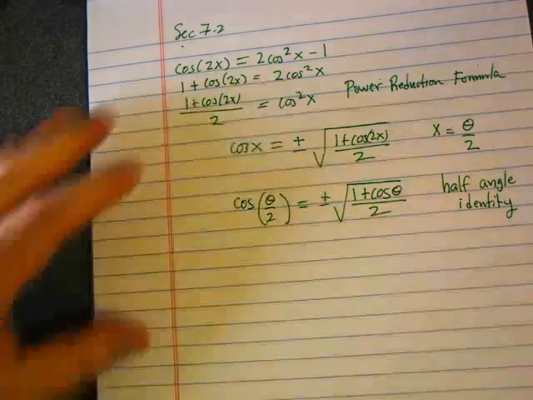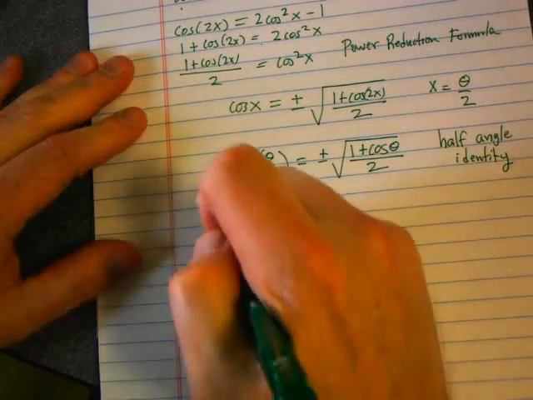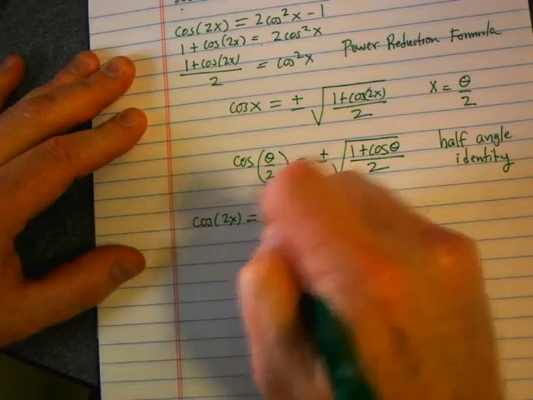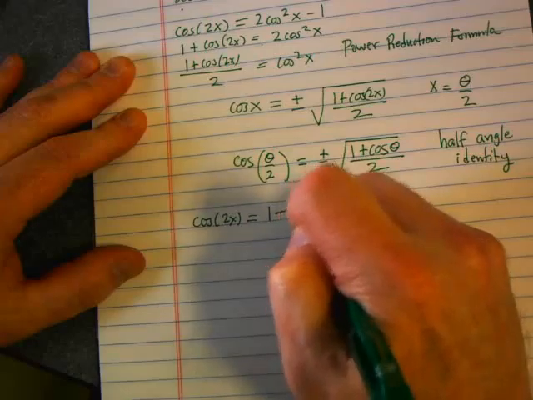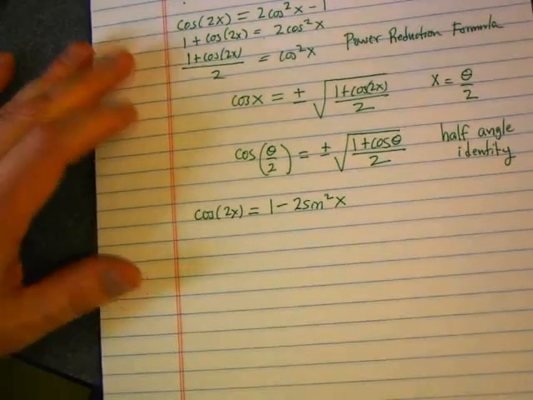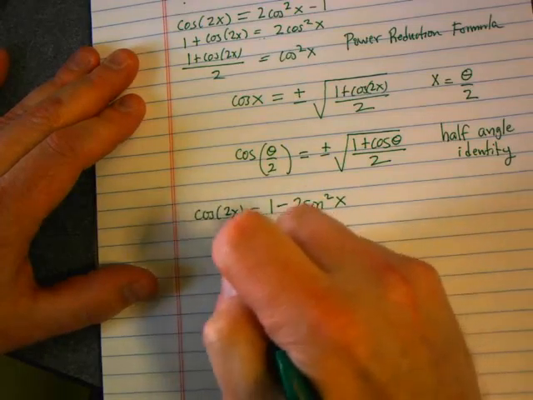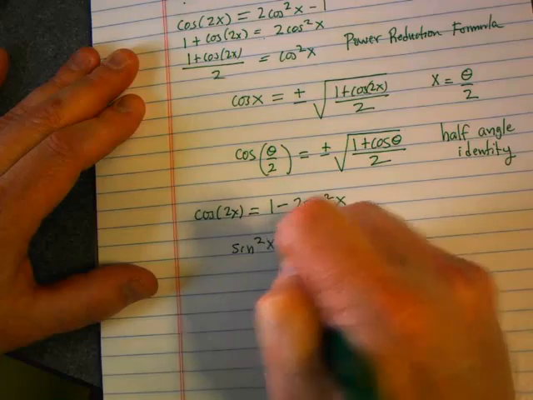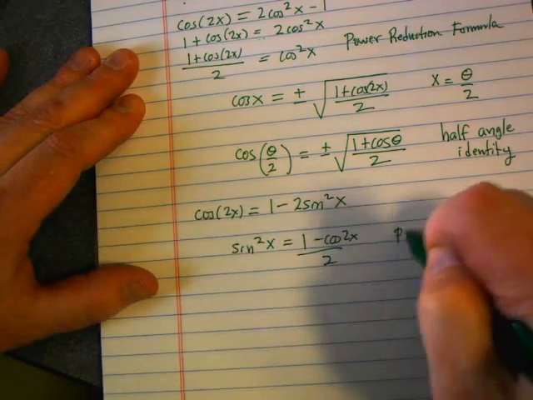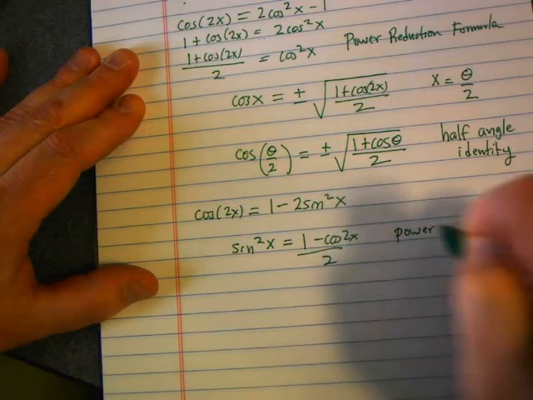All right, you could go through the exact same thing. I'm not going to work it all out. If I started with cosine of 2x equals 1 minus 2 sine squared x, I could go through the same things, and I would end up with sine squared x is 1 minus cosine of 2x over 2. And again, that would be another power reduction formula.